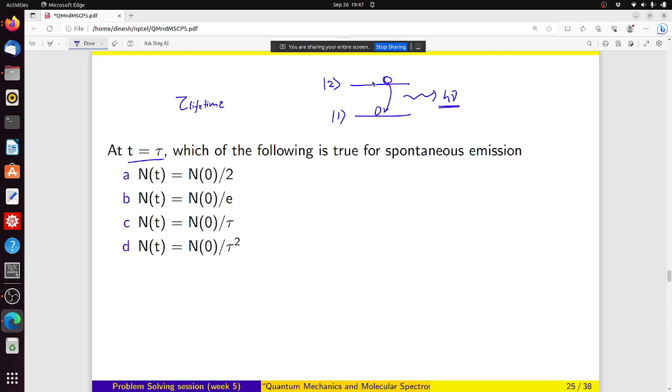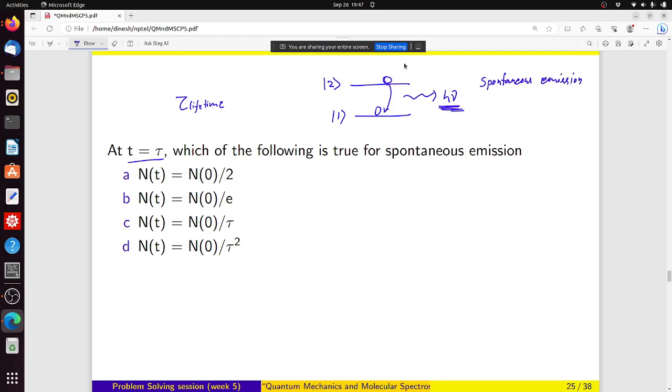This is in the absence of any external light. The system, which is already in excited state, will spontaneously jump to the ground state, emitting some radiation. This is called spontaneous emission.